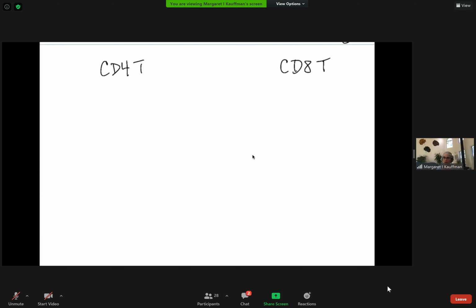The book tends to just call them all T helper or T cytotoxic, but they don't become a T helper or a cytotoxic T until they've undergone clonal selection. I just thought it'd be clearer for you guys if they're totally immature, not doing their actions, then we'll call them a CD4 T cell versus a CD8. And that's pretty common in the literature, how they're referred to.